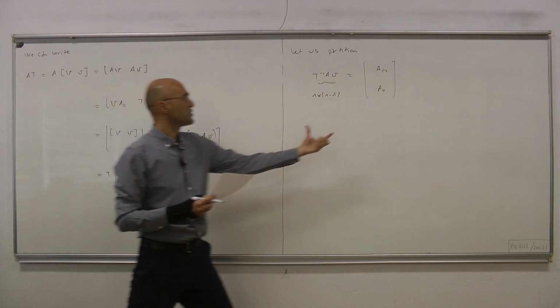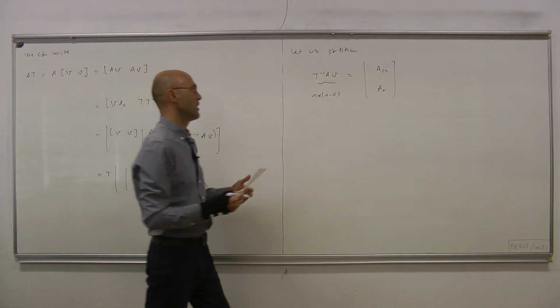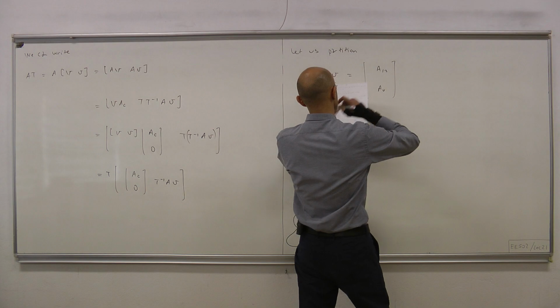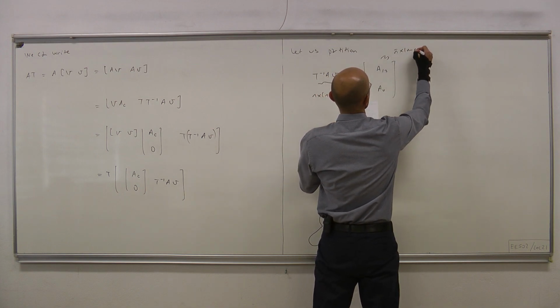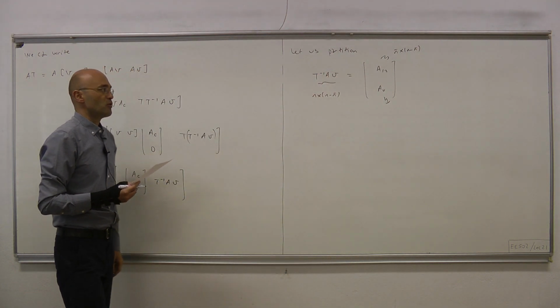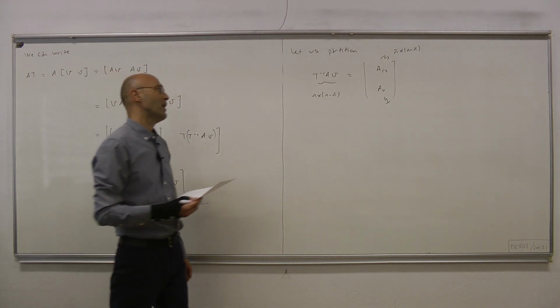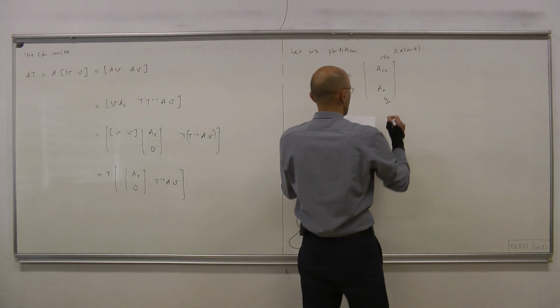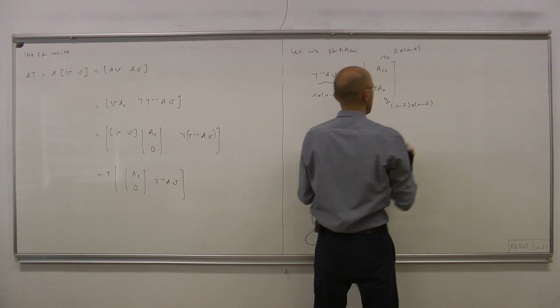Now this new matrix must have n minus n bar columns, and this term is such that that block is n bar by n minus n bar, which makes the bottom term a square matrix of size n minus n bar by n minus n bar.